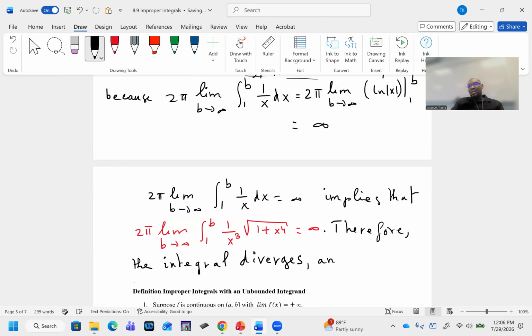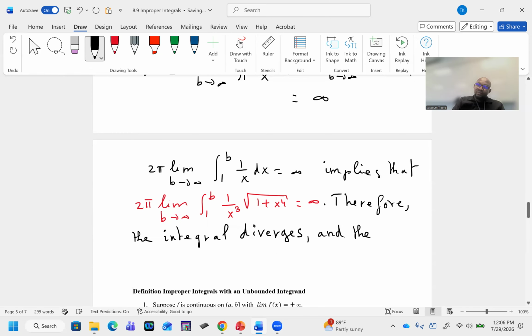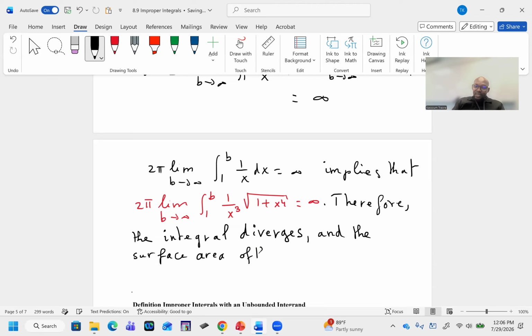And the surface area of the solid is infinite. Okay.